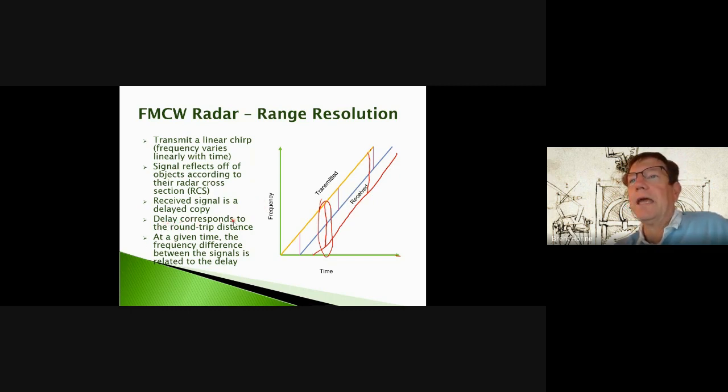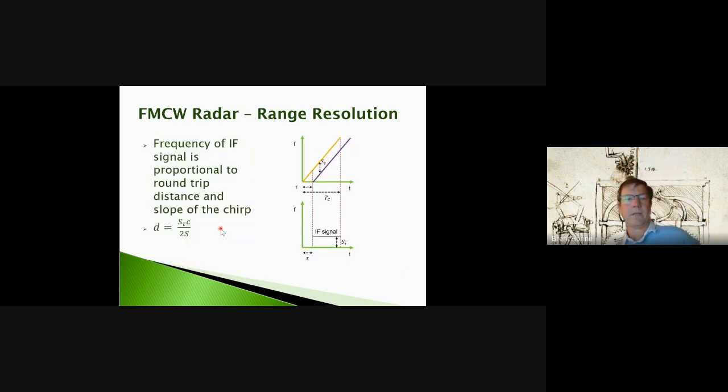The delay corresponds to the round trip distance. It's got to go out there, and it's got to come back, so there's a factor of 2 involved to convert the distance to a round trip distance and vice versa. At any given time where these signals overlap, the frequency difference between the signals is directly related to the delay.